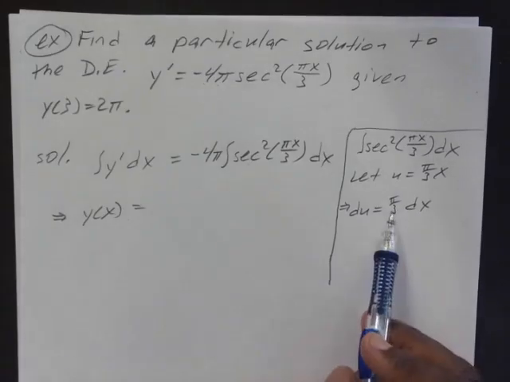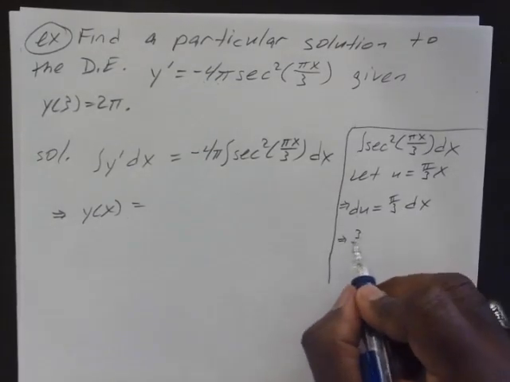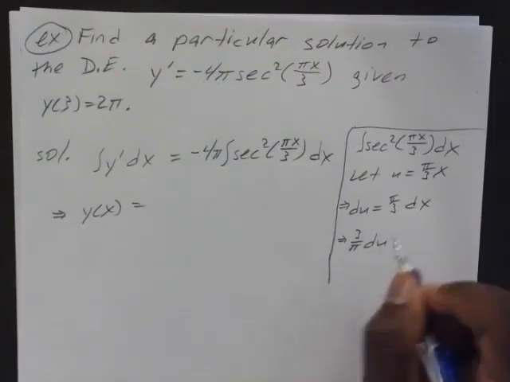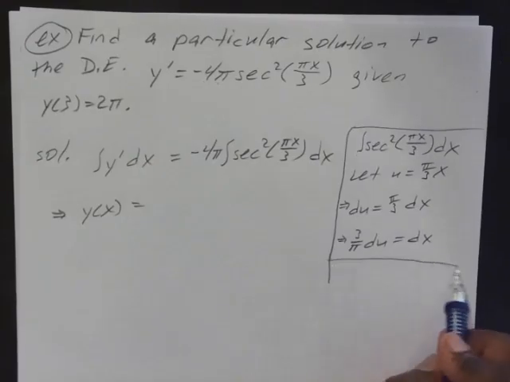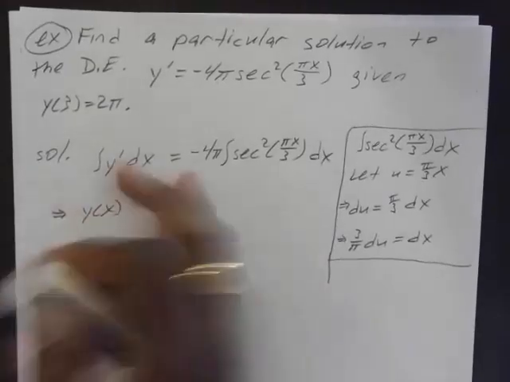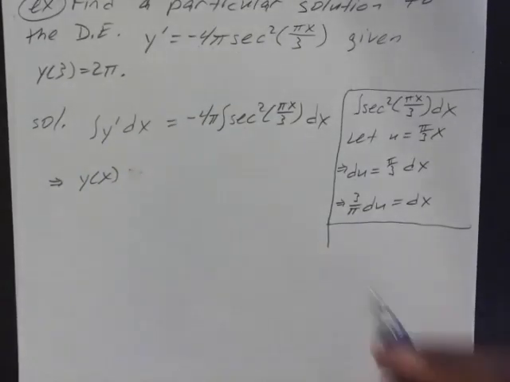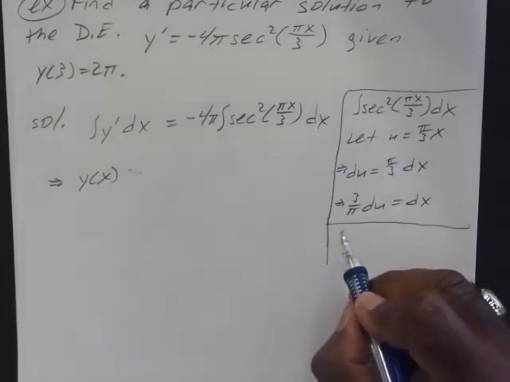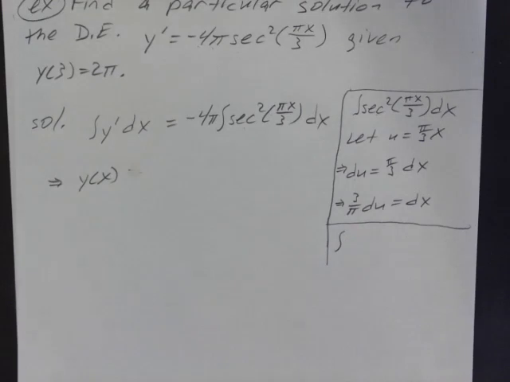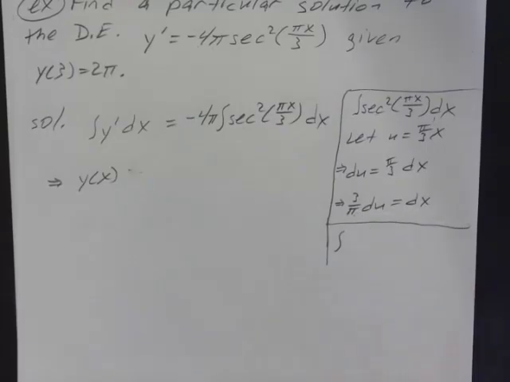If we multiply both sides by the reciprocal, that means 3 over pi du is equal to dx. So we replace dx with 3 over pi du.